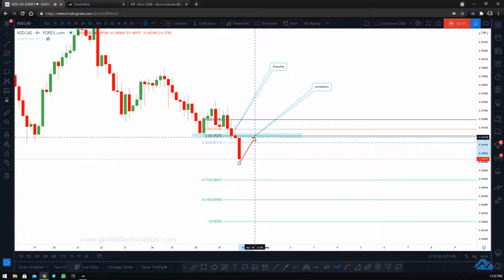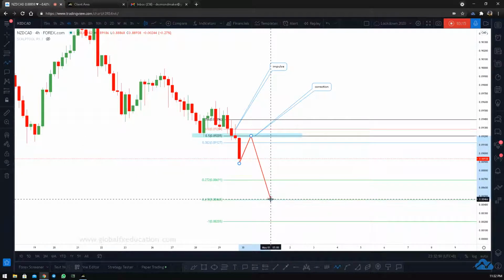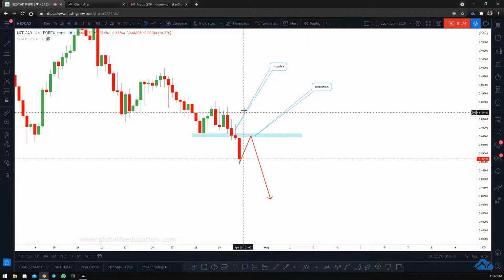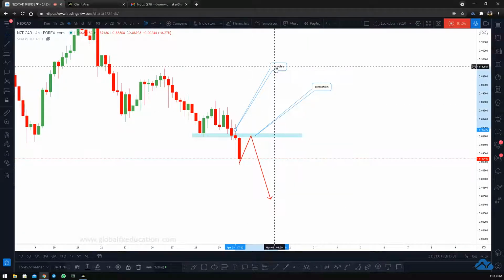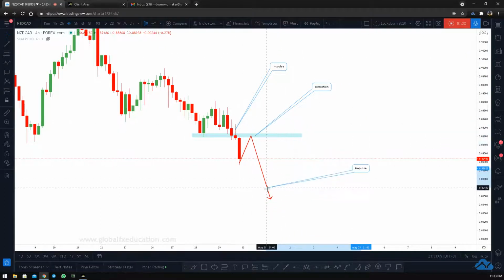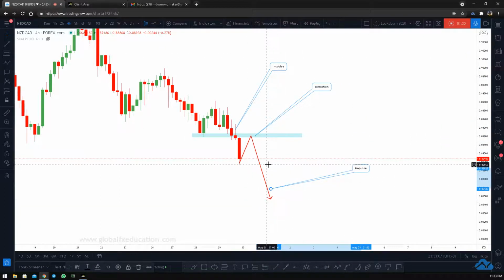So you need to wait until the market makes a good correction before you can make any sort of decision by trading this type of pair. So we'll have a good impulse, correction, and we will also have a good next impulse to the downside, creating that lower high.